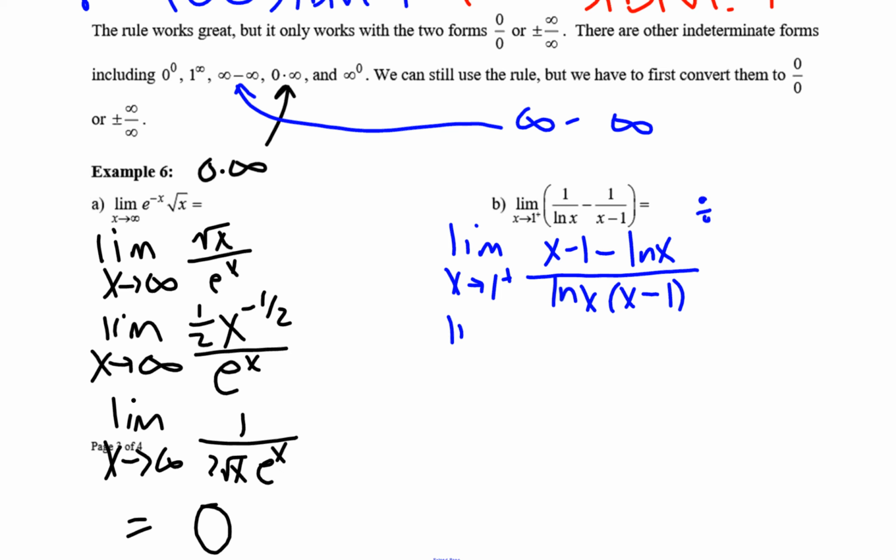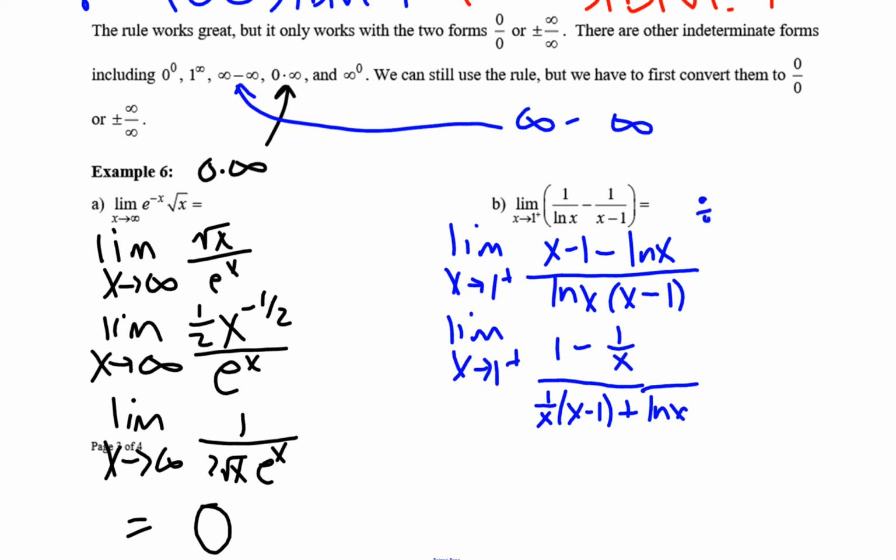Take the derivative. 1 minus 1 over x, over, all right, product rule. Well, maybe that'll work. Let's try. 0 over 0. Nope. All right, so I'm going to clean this up.